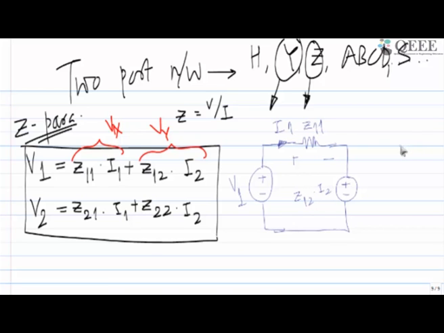Similarly, on the other side, if I am putting V2, and on this side the current I2 is available, then I2 times Z22 will give me the voltage drop across this one, and another voltage source which is Z21 times I1. So this may be the way of transforming Z parameters to a circuit.